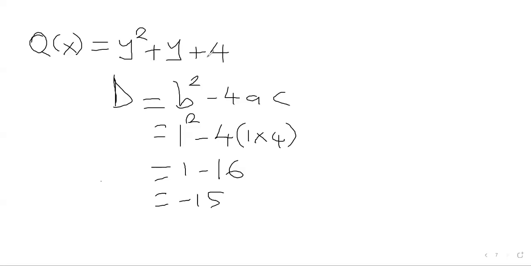When the discriminant is negative, it means that we are not going to have real solutions. So for this quadratic equation, we are not going to have real solutions. So the only real solution that we have for this cubic function is y equals 1. That's the only real solution that we have.